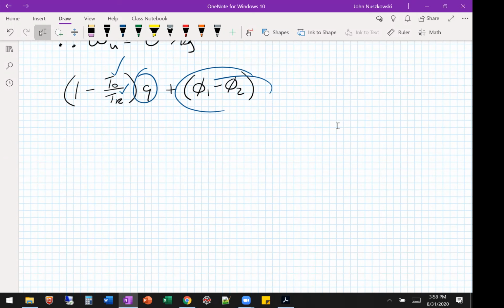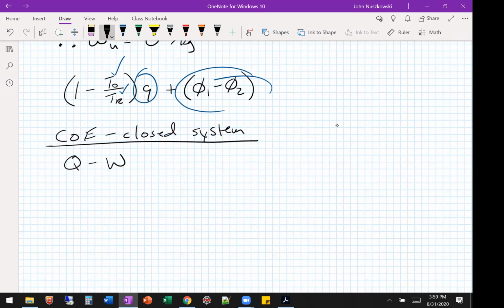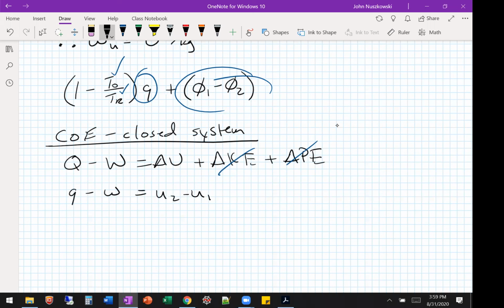Conservation of energy, yeah, our COE. Closed system, neglecting kinetic and potential energy, and then dividing by mass. We have this, right? We have already solved for the work and there's only boundary work.